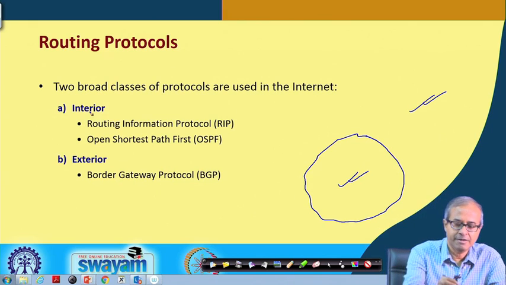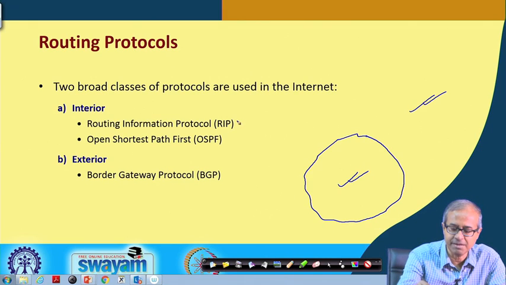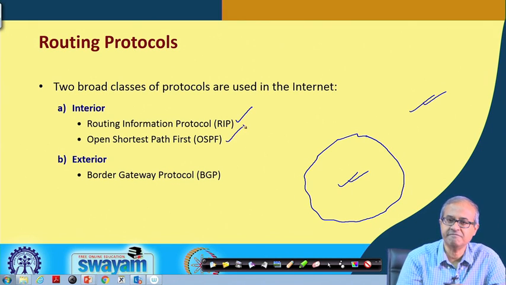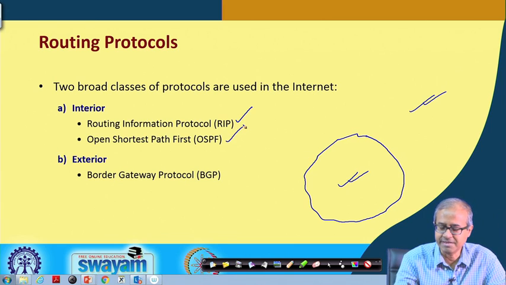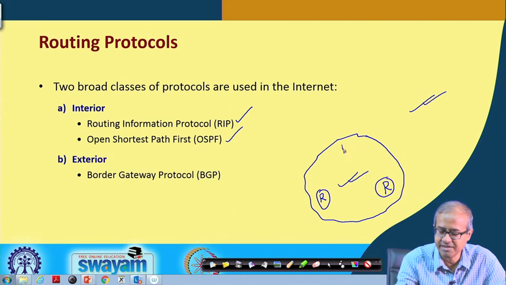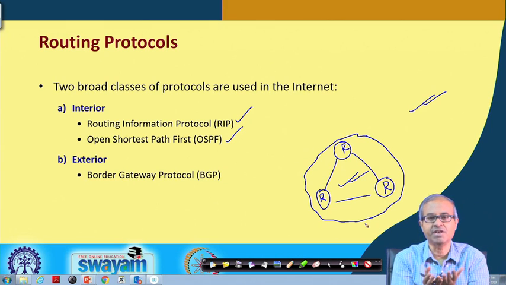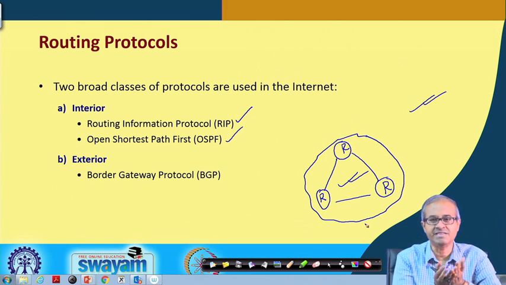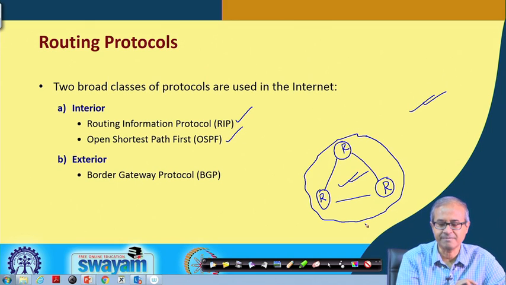Now, interior protocols, for which examples are RIP and OSPF, there the idea is that the routers that are talking among themselves for updating the routing tables, they are all inside some kind of a boundary. They are all inside, that is why they are called interior.